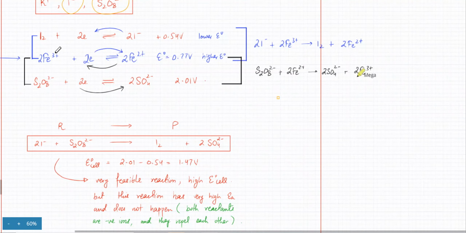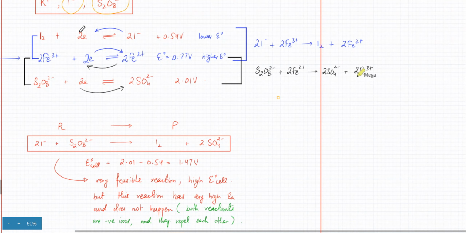So you added these iron ions in the mixture, Fe3 plus or Fe2 plus, and this introduced a third reaction that was a possibility. And since iodine wasn't reacting with the S2O8 equation, the iodine equation started reacting with the Fe3 plus. The S2O8 equation also started reacting with this middle catalyst equation.